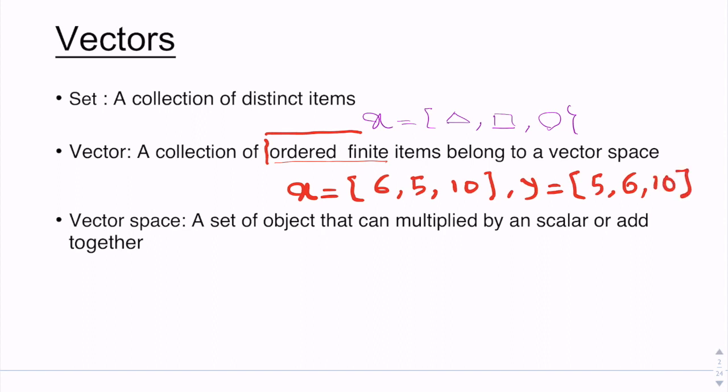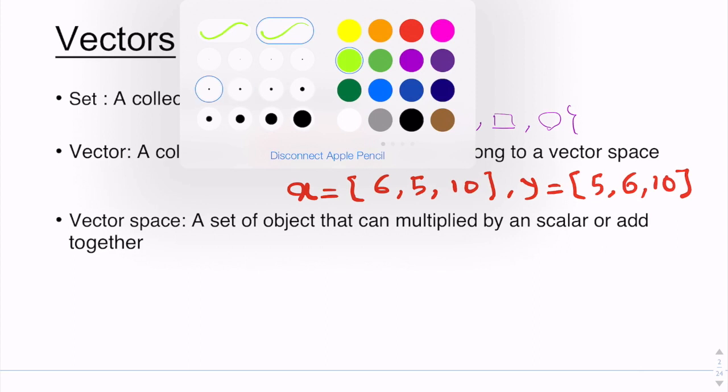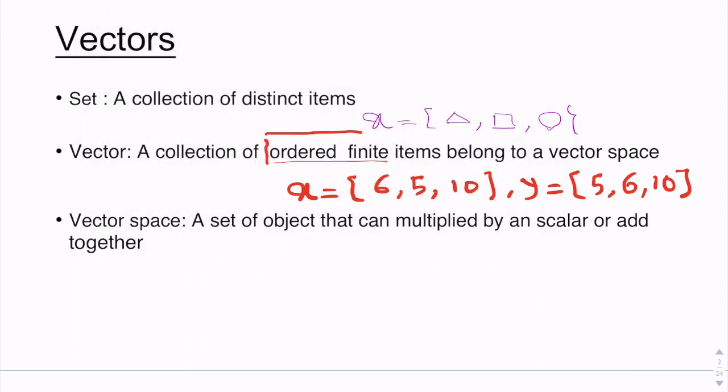As you see, these two vectors have the same elements. If you pass them to a set in Python, they are the same, but they are different vectors because a vector is an ordered finite item. Here we have 6 and 5, here we have 5 and 6. So the order matters in vectors.